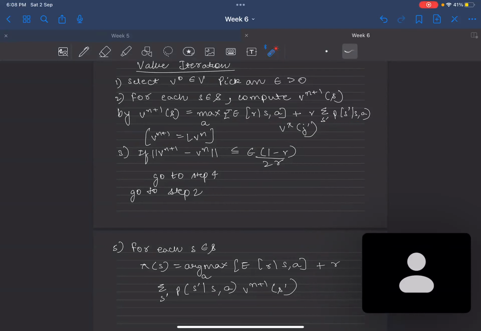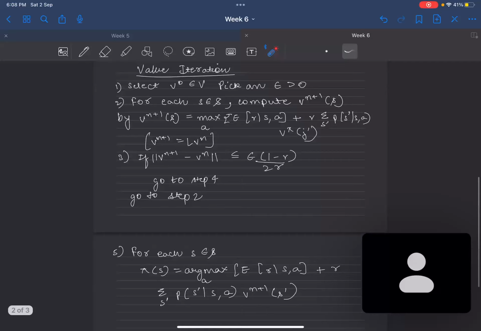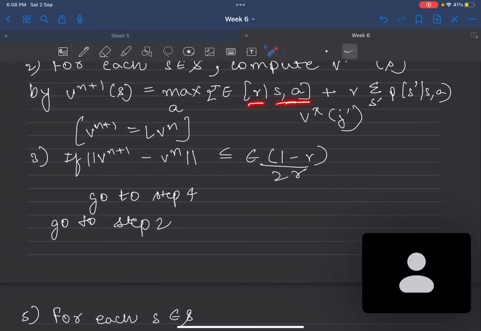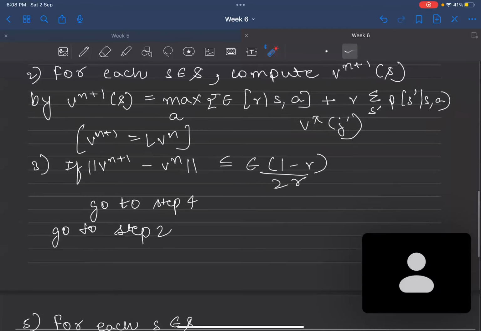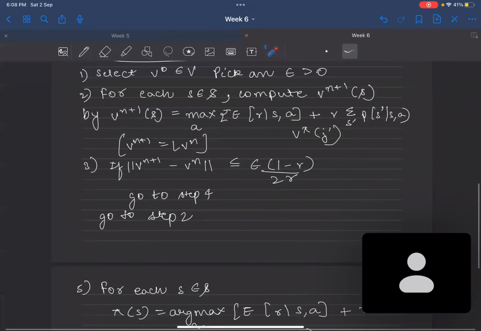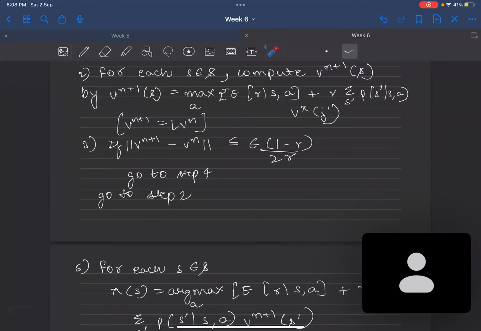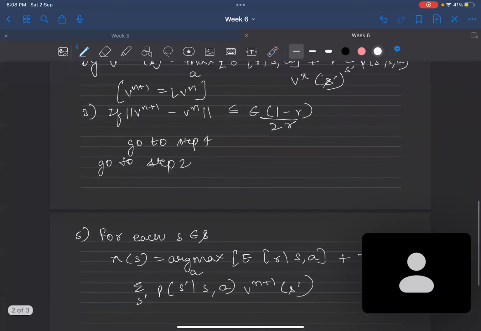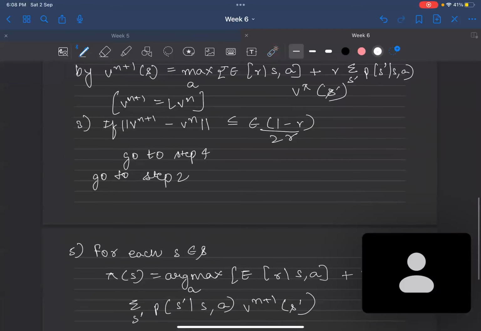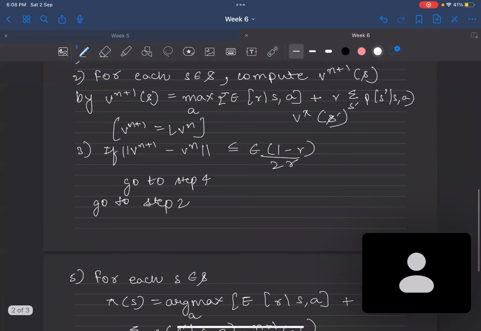So basically, what is the expected reward if I'm in the state S and taking an action A, plus the discount factor, times the probability that from S and A I'll go to S dash, and then the terminal cost, that is V pi of S dash. Use either J or S prime as the loop index. Yes, let's use S prime here. And then V superscript n, the previous iteration value.